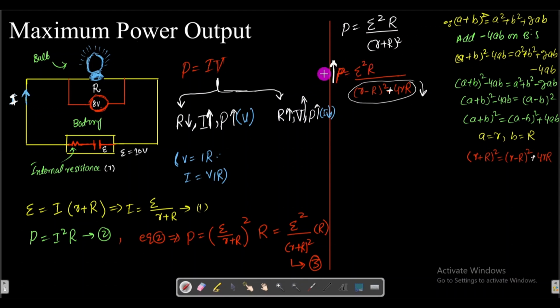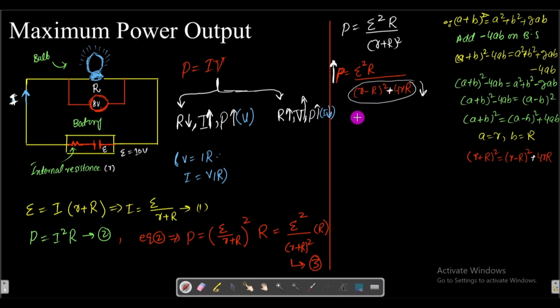So now our desire is to achieve the maximum power. In order to increase this, we will have to reduce this denominator. So how to reduce this denominator? We will have to reduce one of the expressions here.